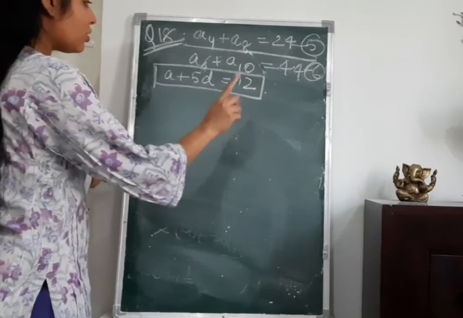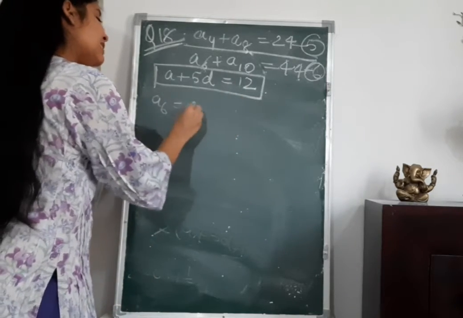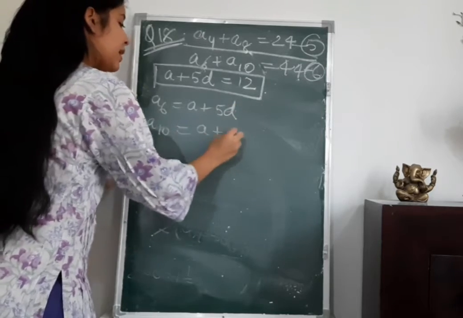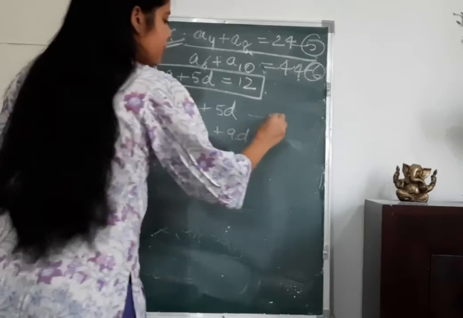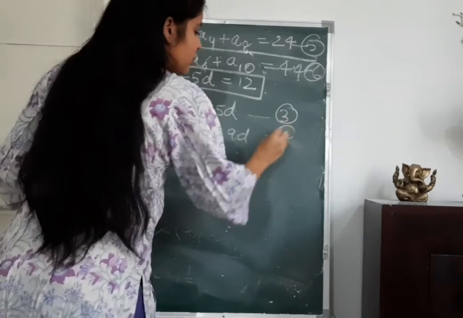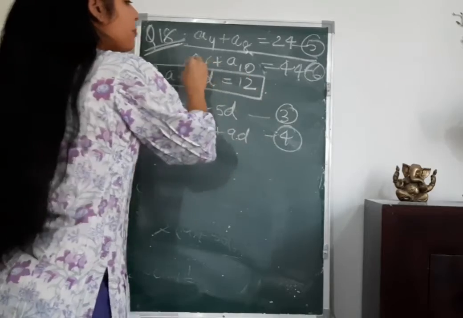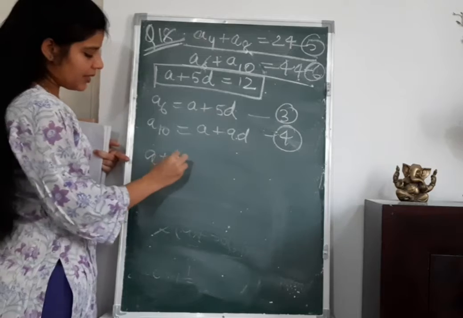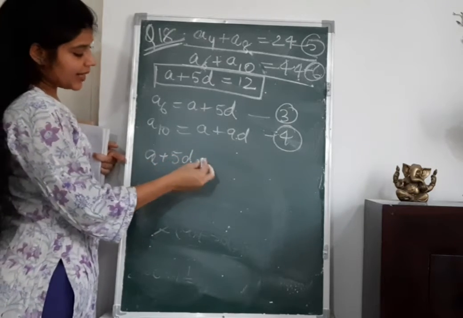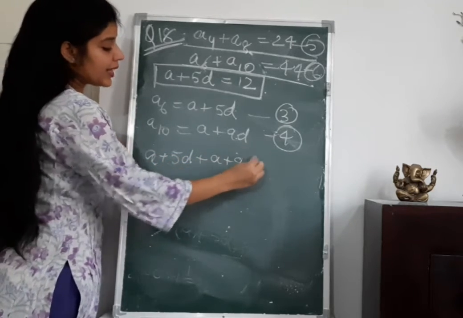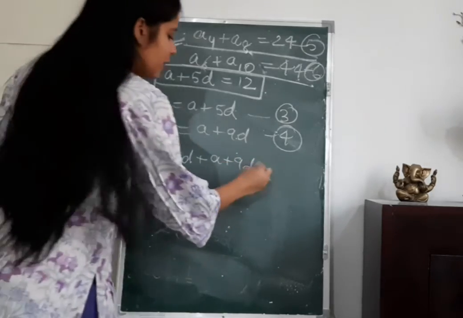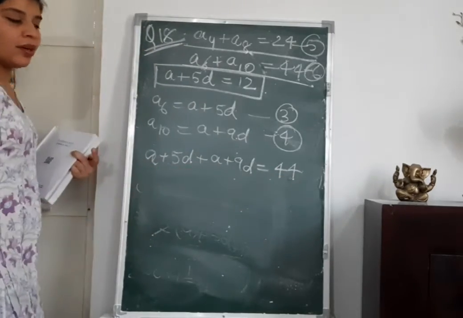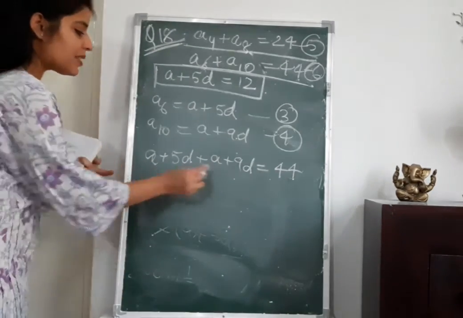Now, I also had A6 as A plus 5D and A10 as A plus 9D, and these were our third and fourth equation. So from the third and fourth equation, I am putting this in equation 6. A6 as A plus 5D, plus A10 as A plus 9D, that is equal to 44. 5D plus 9D is what? 9 plus 5 is 14 and A plus A is 2A.